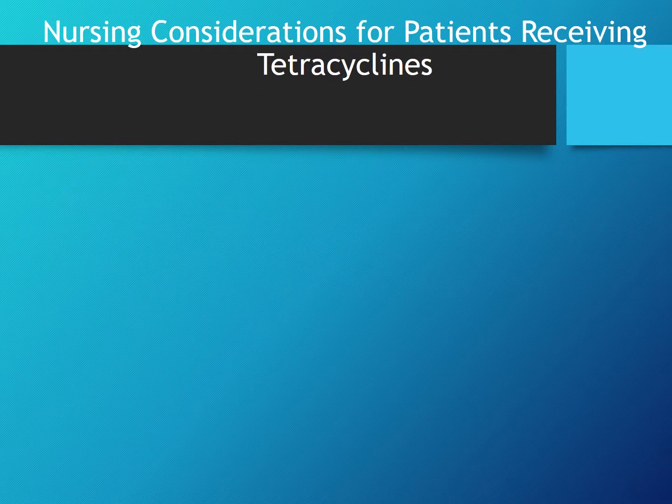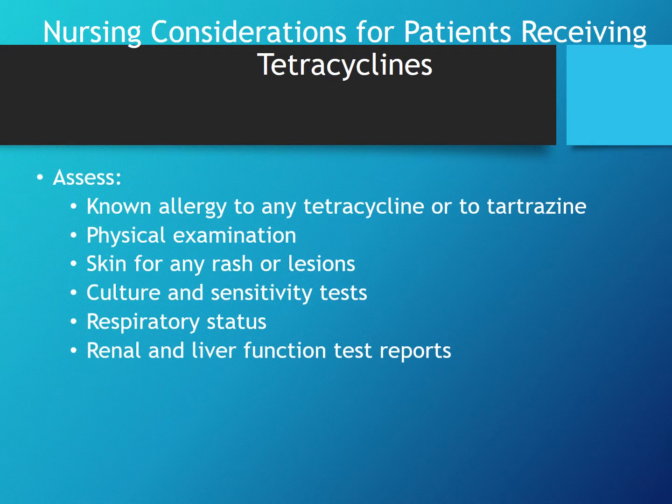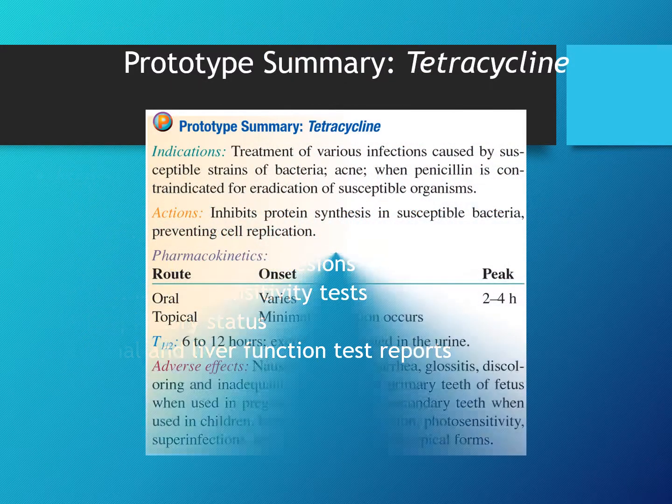Nursing considerations, of course, we're going to assess for allergies. We want baseline information for our patient, including their physical status, looking at the skin for possible signs and symptoms of allergies. We want specimens for culture and sensitivity before we start medications, and respiratory status, kidney and liver function status.